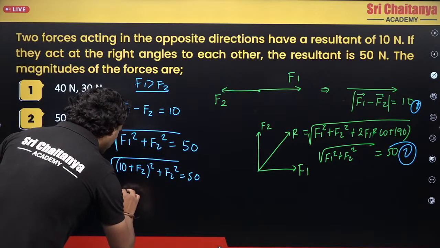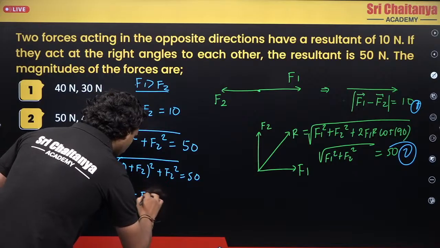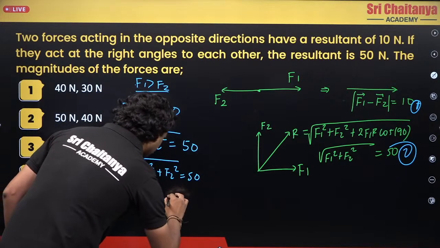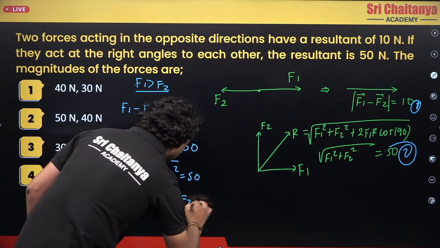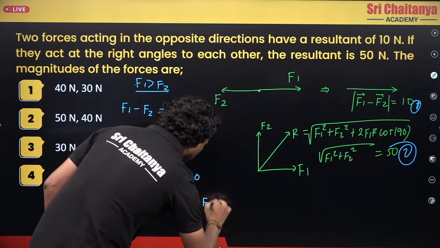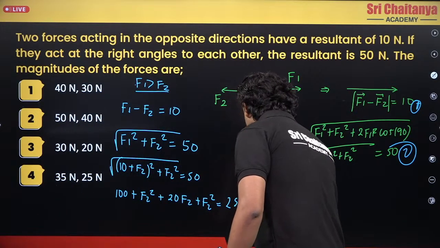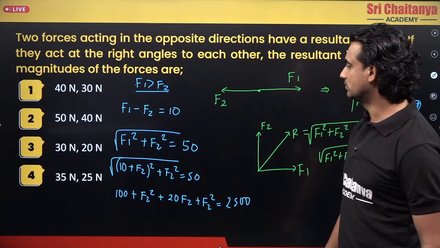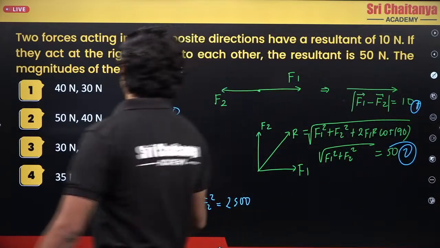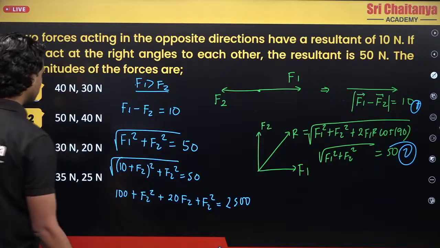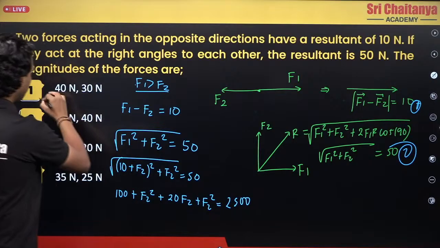I will get A square plus B square plus 2AB, that is 100 plus 20F2 plus F2 square, plus F2 square is equal to 50 into 50, 2500. So we can solve the question, though just by hit and trial I can also find the answer.